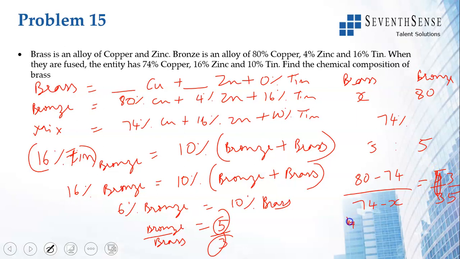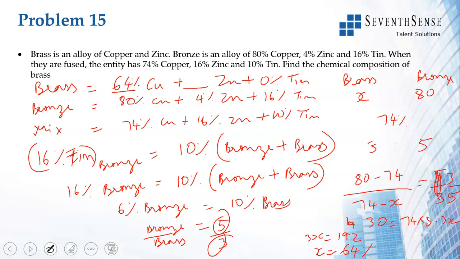So 4 and 6 into 5 is 30 is equal to 74 into 3 minus 3x. 3x equals 222 minus 30, 192, and x is equal to 192 by 3, which is 64. So brass has 64% copper.